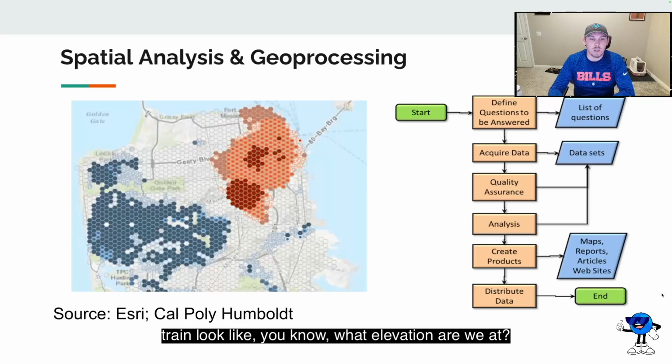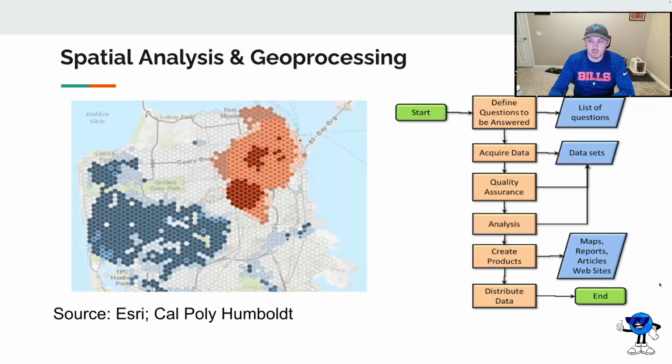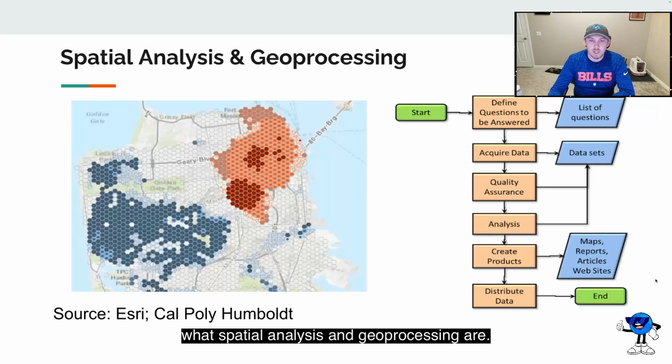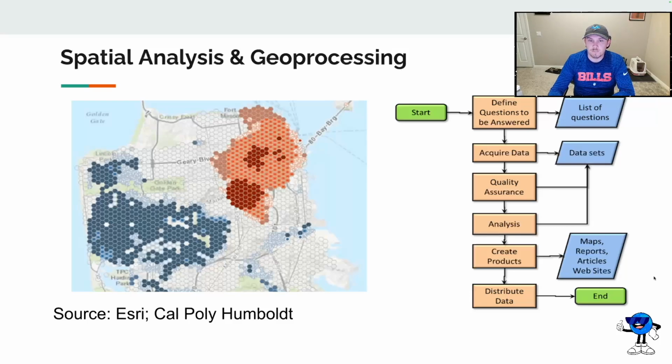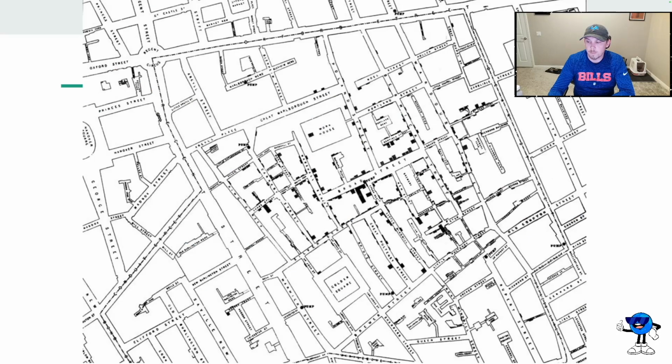What elevation are we at? Can crops grow here? Obviously, it's a little different now, and farming isn't necessarily the best example. That's what spatial analysis and geoprocessing are.